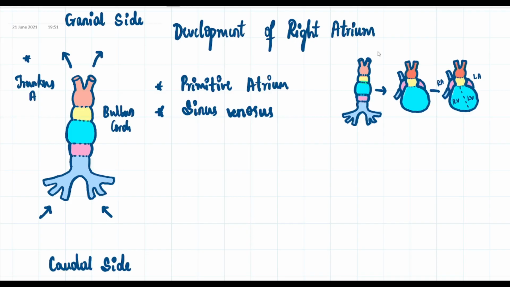This baby blue one is called primitive ventricle, and this pink one is called primitive atrium. Please remember the order, cranial to caudal direction. And this whole part is called sinus venosus.